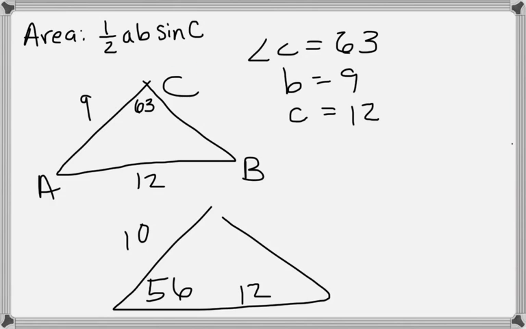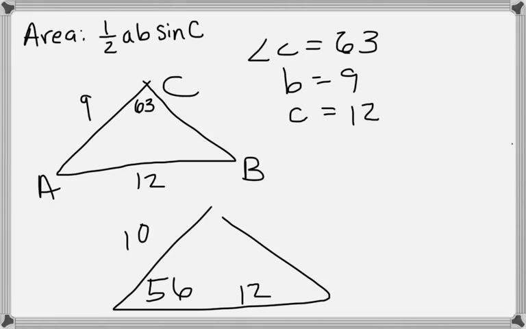Look at your picture on your worksheet. I didn't have room to write 12 at the bottom. That's 12 down here. Every single one of them is really straightforward. It's the angle that you need.